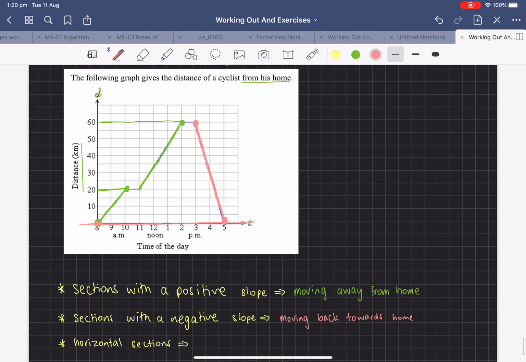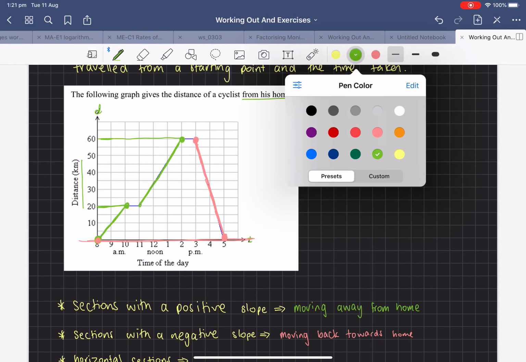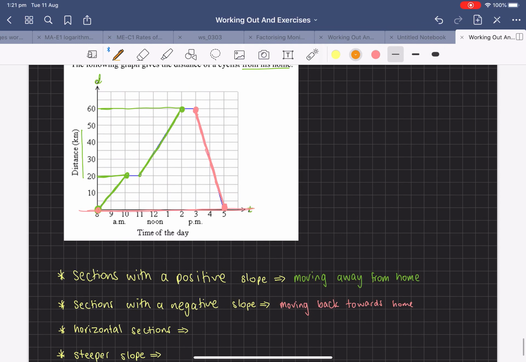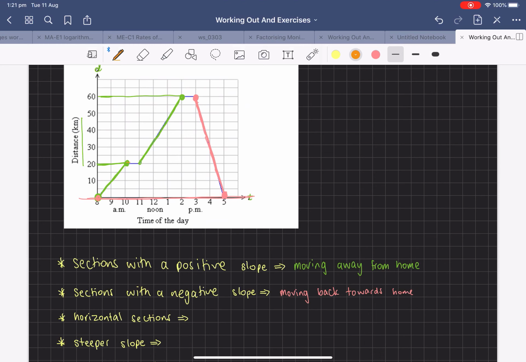Okay, horizontal line segments. I did talk about this just at the beginning, but what we can see here on these horizontal sections, his distance from home is not increasing or decreasing. So he starts here at home, he travels for 20 kilometers, and then during this orange section, he's not traveling further away from home, and he's not coming back towards home.